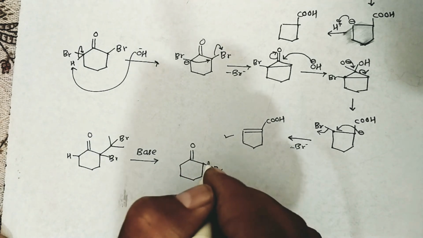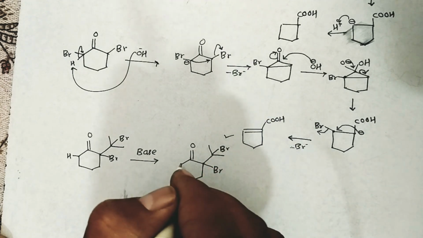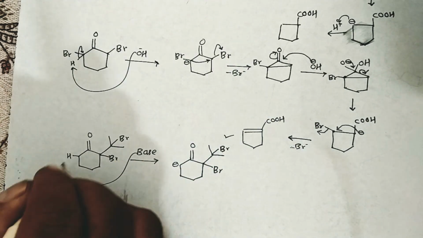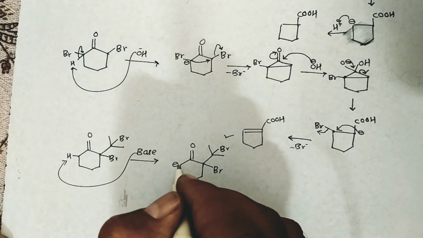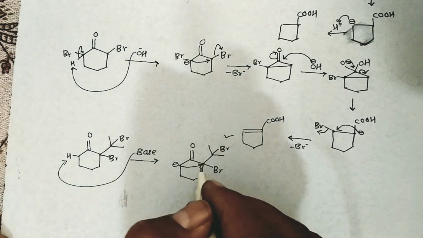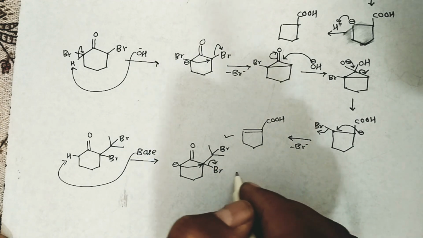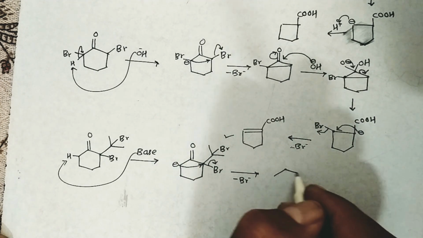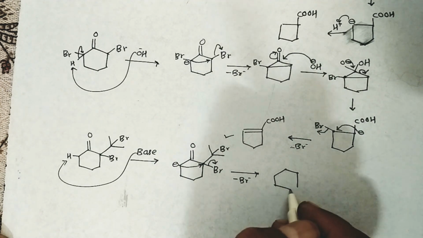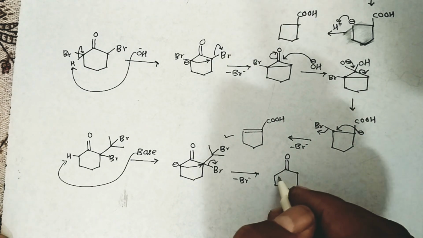One bromine here and this is second group, negative charge here after removing this proton. Now what happens, this anion attacks on this electrophilic carbon atom to depart Br minus, and you will get this type of intermediate structure.